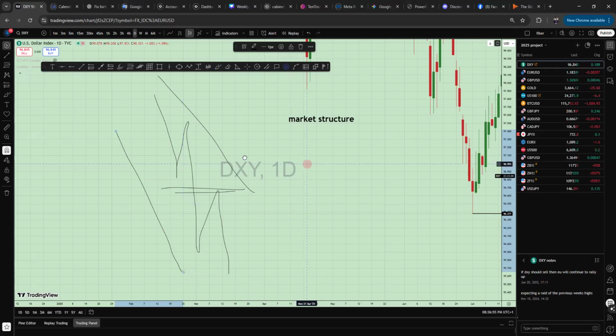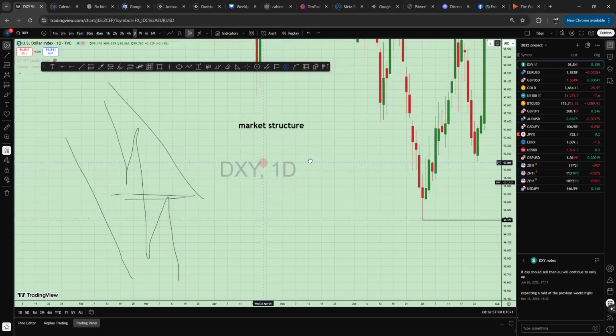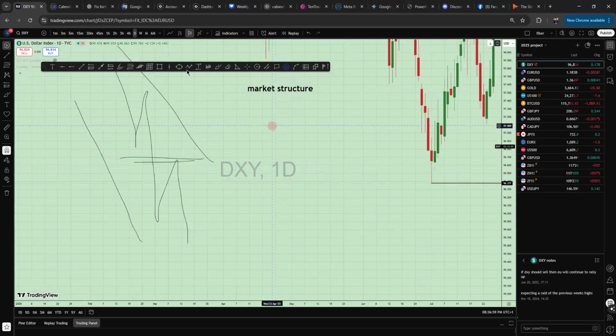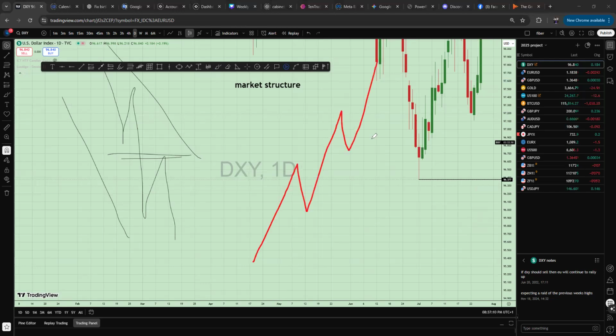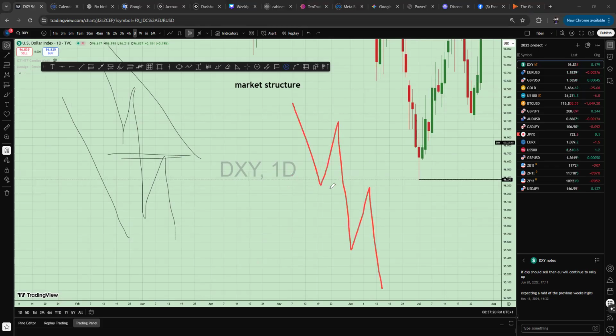Now, when it comes to market structure, it's not rocket science, and you already know about the various types of structures, of which we have three. We have an uptrend. I will not go too much into the basics because everyone here already knows about that, but I want to show you something very important when it comes to market structure. We know this to be a downtrend when the market is creating lower lows and lower highs.